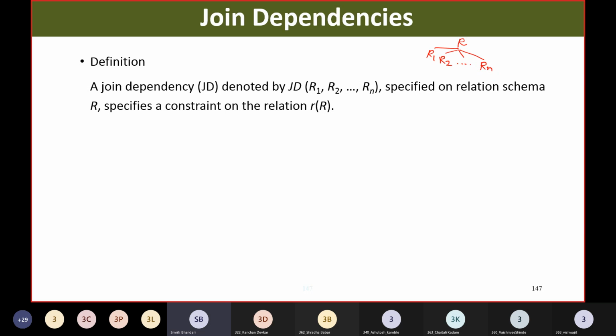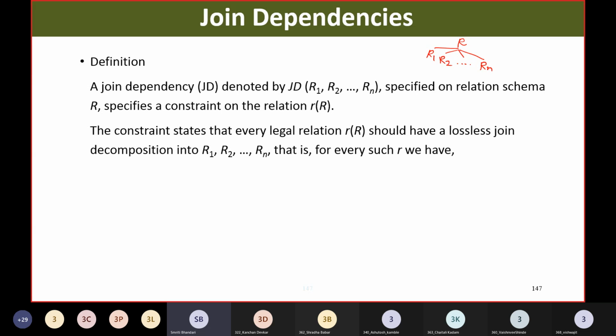A joint dependency JD(R1, R2, up to Rn) specified on relation schema R specifies a constraint on the relation schema R.